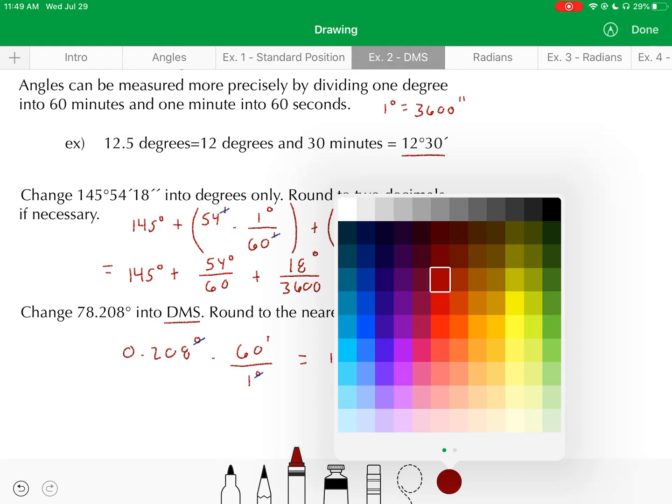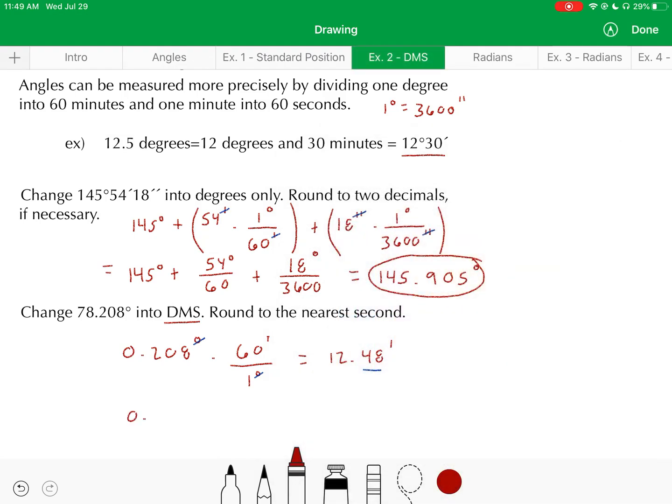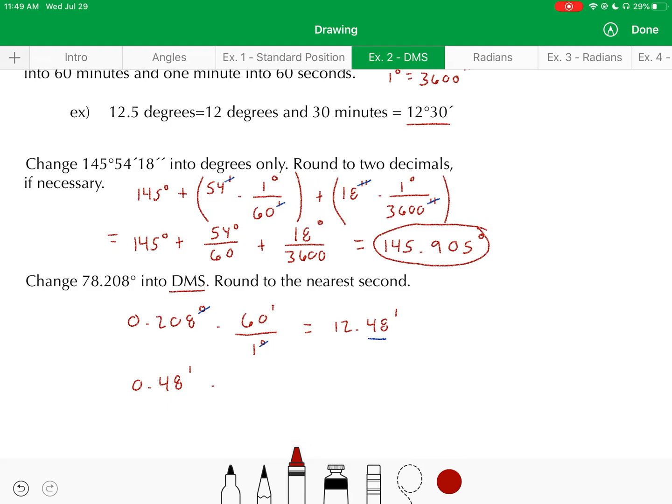Okay, from here, I'm going to focus on the decimal portion of that result, so the 0.48. Okay, I'm going to take that. So 0.48 minutes, and now I'm going to try to convert that into seconds. So there's 60 seconds in 1 minute, right? And I'll get the minutes to wipe out here. And this is going to give me 28.8 seconds.